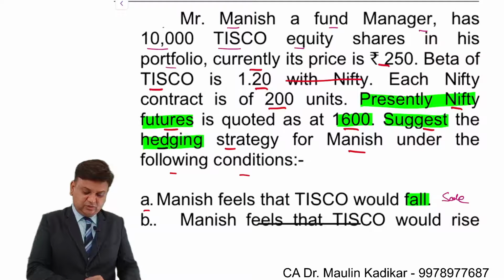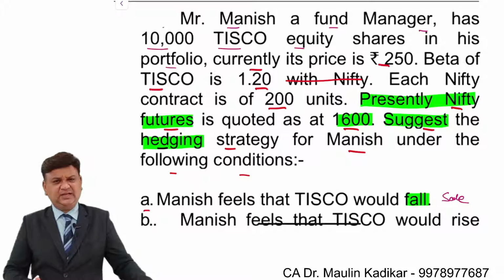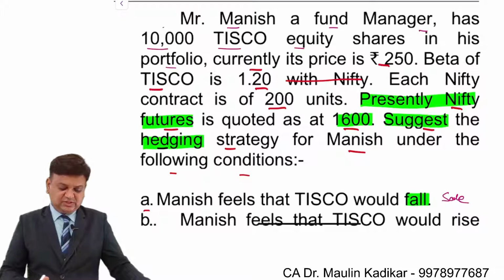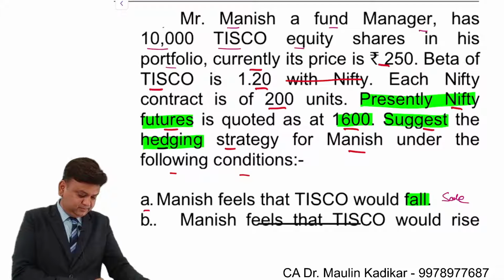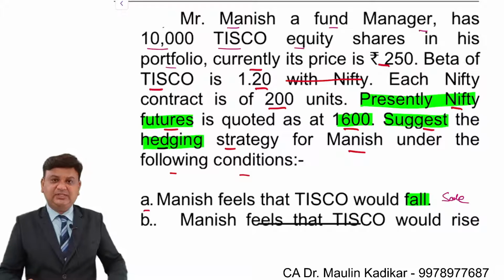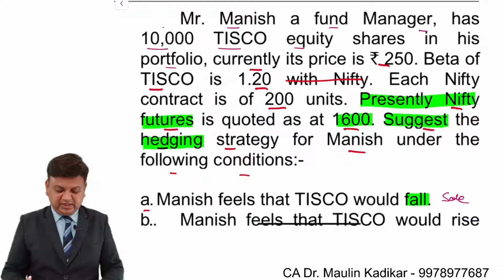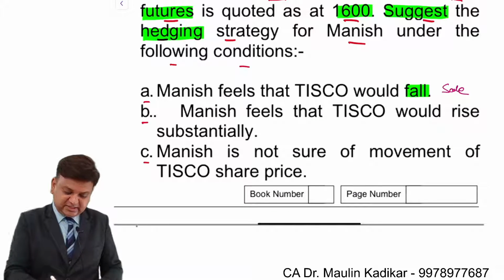So 1600 into 200, that comes to 3,20,000. 10,000 into 250 into 1.20 divided by the index value, that is 1600 and 200, gives 9.375. Of course we are going to do it in detail. So we can say that 9 contracts are required to be sold.